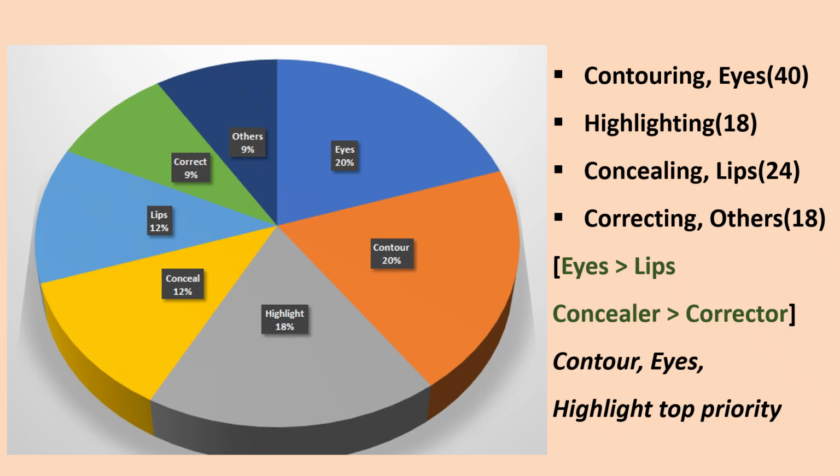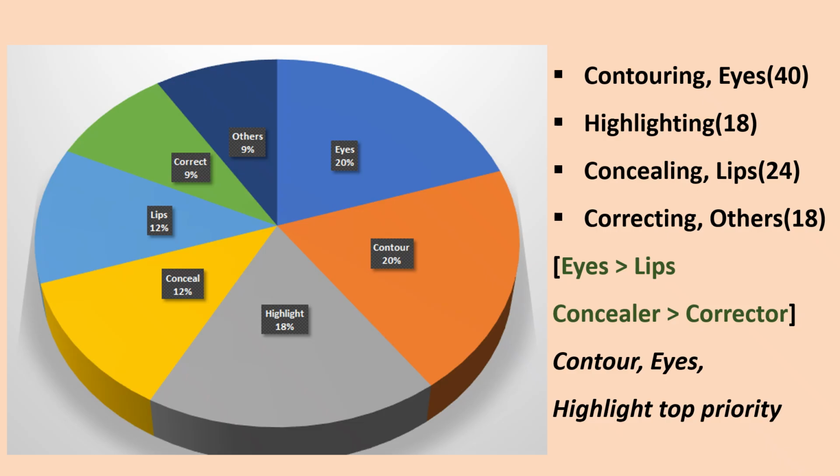Now coming to concealer versus corrector. Concealer is given 12%, corrector 8 to 9%. What does it imply? Corrector should be used only when absolutely essential and on very small areas. Corrector, first of all, you should apply sparingly, only if absolutely essential, and also you will apply to very small areas.